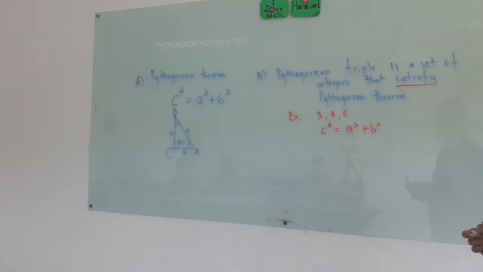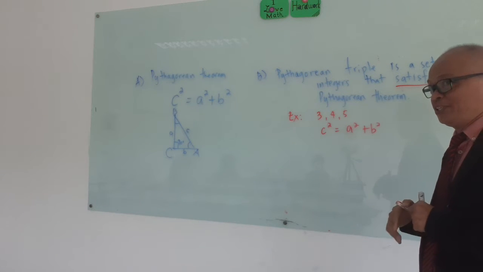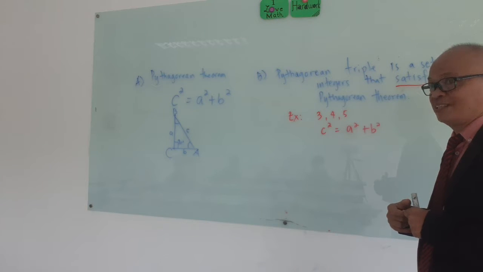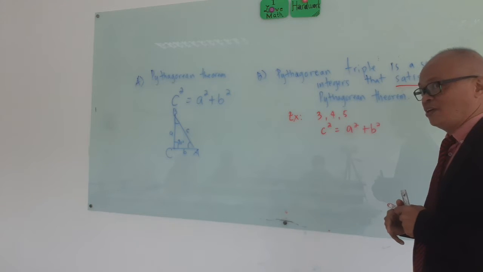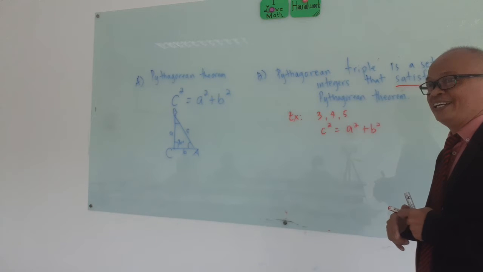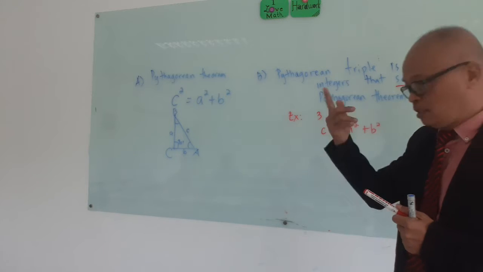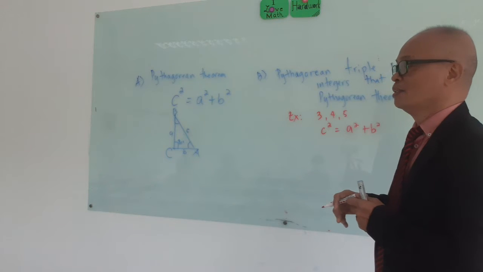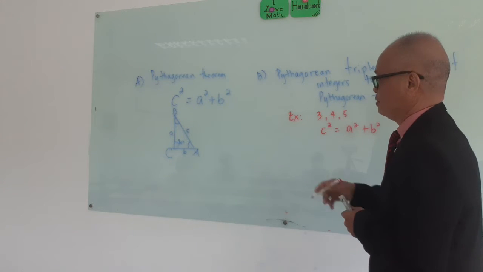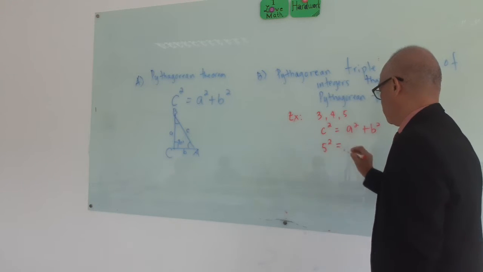Now here, in these three integers, what is C? 3, 4, or 5? 5. Why 5? Because it's the longest. If these are the sides of a triangle, 5 will be C because that is the longest side. So 5 to the power 2.